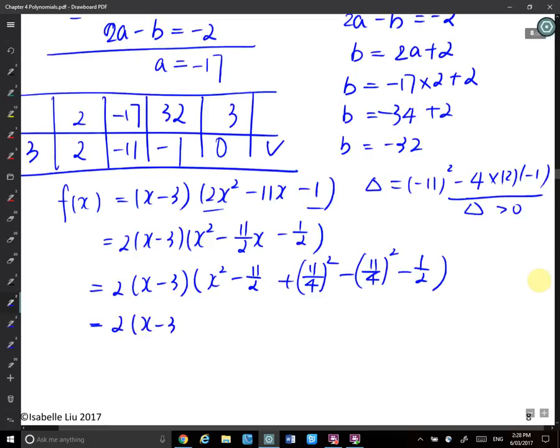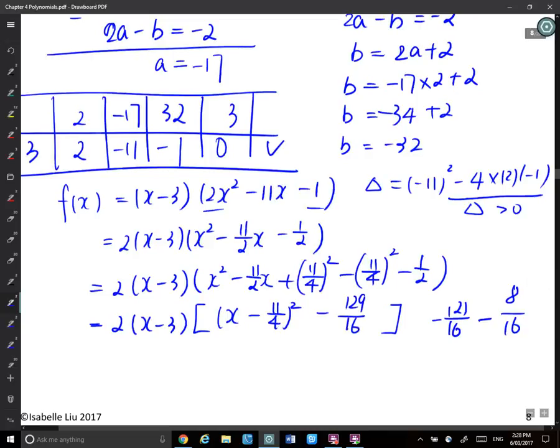And 2x minus 3. Remember, you still have this bracket here. You have x minus 11 over 4 squared. And you minus 1 over 16 minus 16 over 8. That's minus 129 over 16.